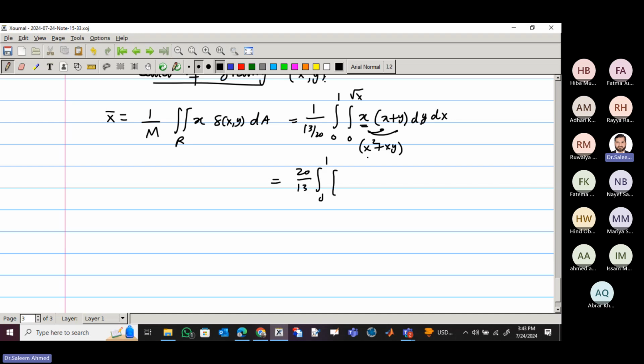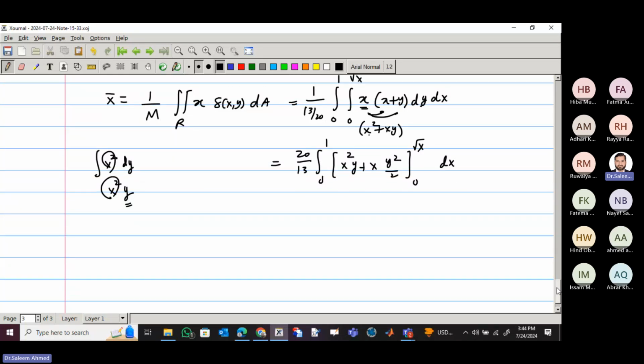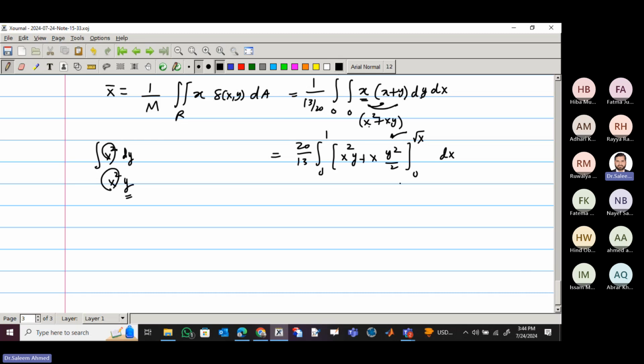Now if you integrate x square, it becomes x square y, and xy becomes x y square by 2, because we are integrating for y, so x square will not become x cubed by 3. Remember, x square is a constant. So if you integrate x square with y, it becomes x square into y. Because x square was a constant, it will stay there. So don't make a mistake. Don't write x cubed by 3. Okay, and now you can put square root of x and 0 for y and then integrate with x. So I think you can complete it, right?